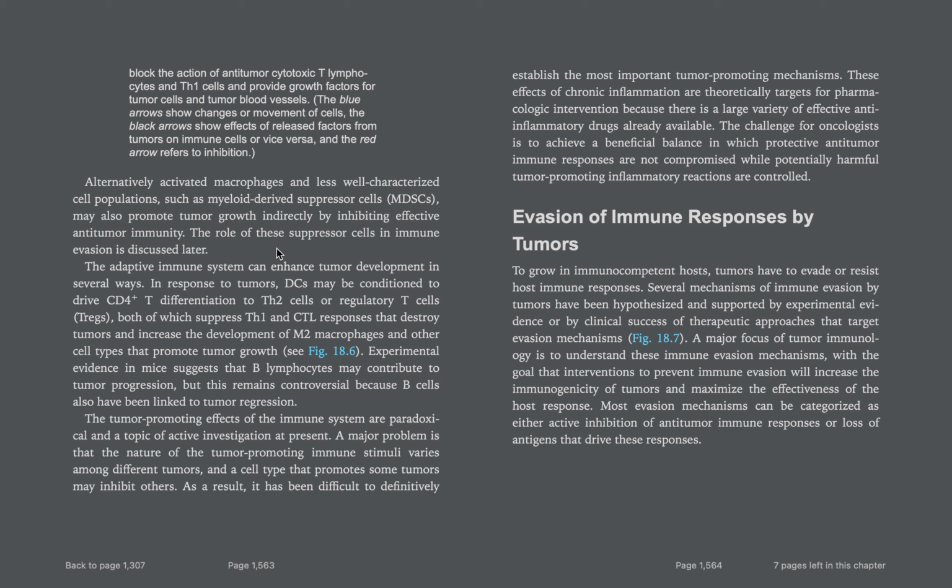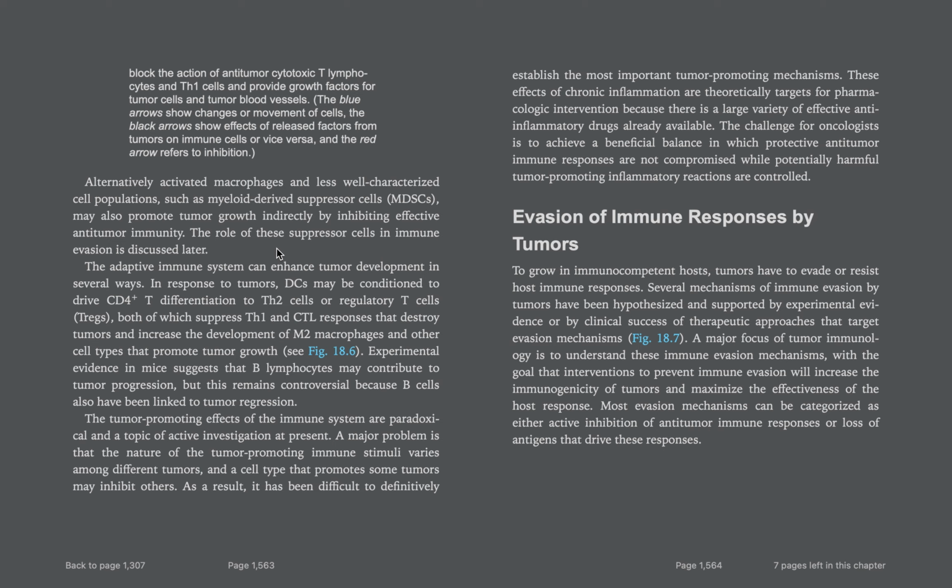Evasion of immune response by tumor. To grow in immunocompetent hosts, tumors have to evade or resist the host immune responses. Several mechanisms of immune evasion by tumors have been hypothesized and supported by experimental evidence or by clinical success of therapeutic approaches that target evasion mechanisms.